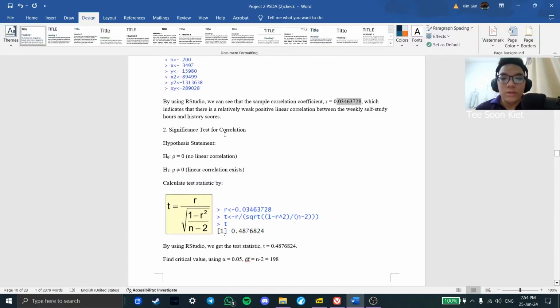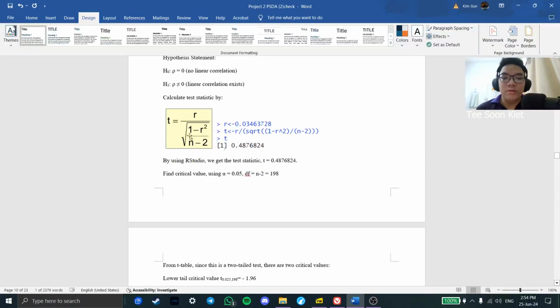After that, we will be finding out the significance test for correlation. The hypothesis statement is rho equals 0, meaning there's no linear correlation, and rho does not equal 0, meaning that linear correlation exists.